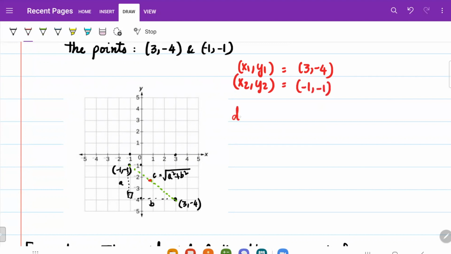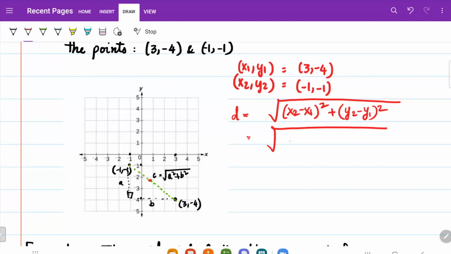As you recall, the distance formula is the difference between the x coordinates squared plus the difference between the y coordinates squared and rooted. So here my x2 is minus 1, my x1 is 3, and my y2 is minus 1, my y1 is minus 4.